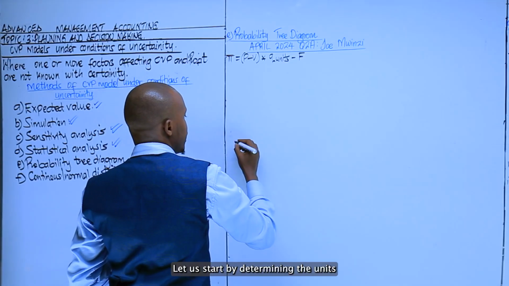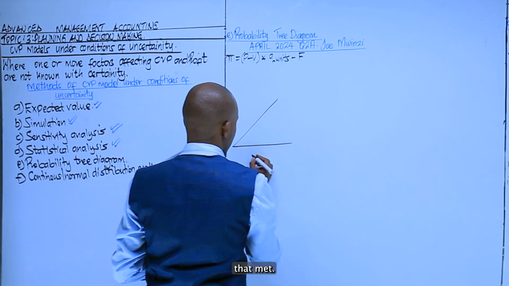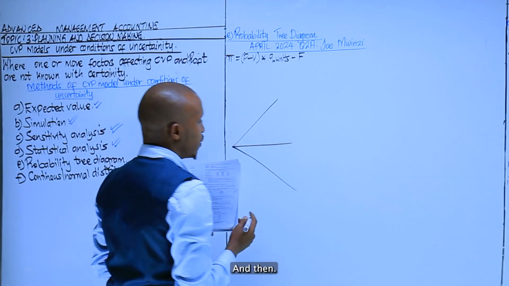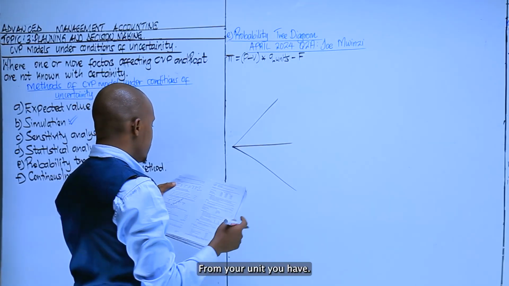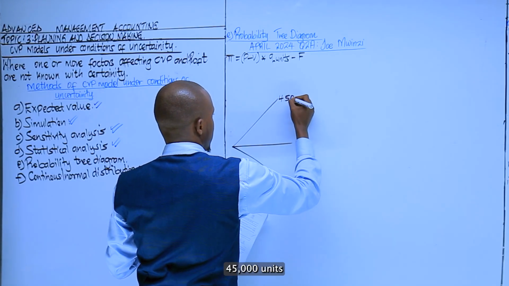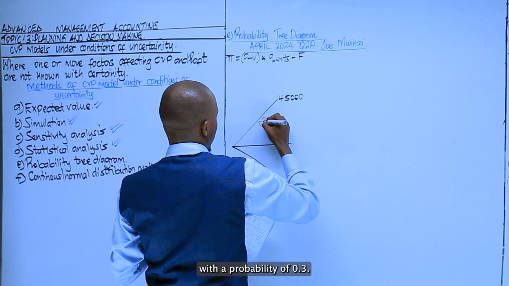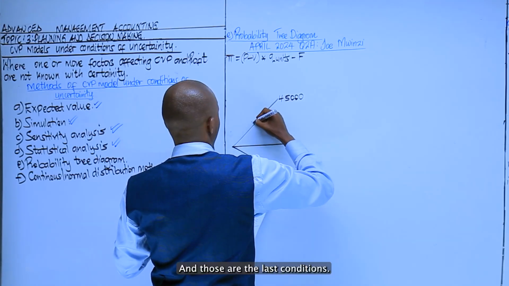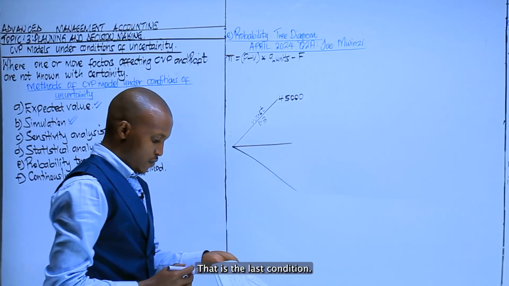Let's start by determining the units. You have 45,000 units with a probability of 0.3, and that is the worst condition.